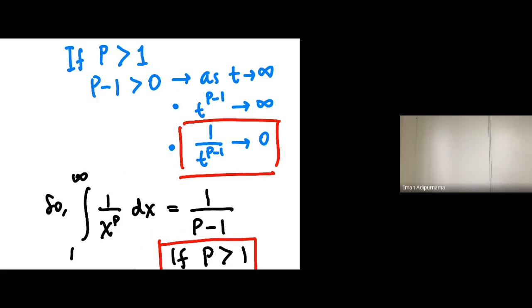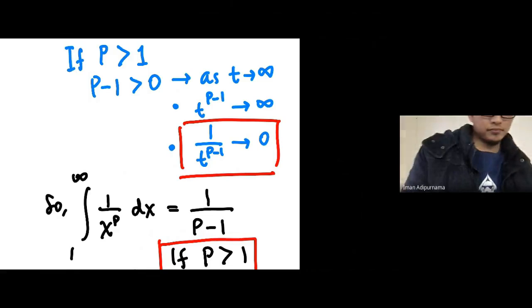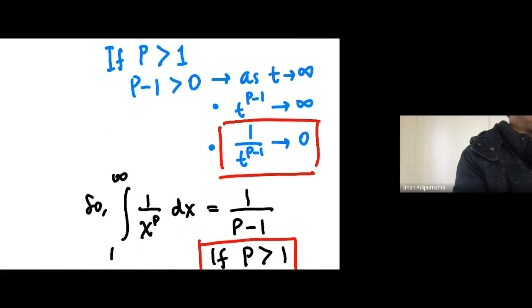If you have 4, then 1 over 3. Okay? So that's the first case, p greater than 1. And for p equal to 1, we already did it with the 1 over x.